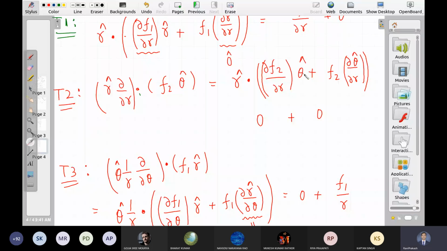What is r cap cross theta cap? Any answer? Sir, it is perpendicular to the plane and I think phi cap.